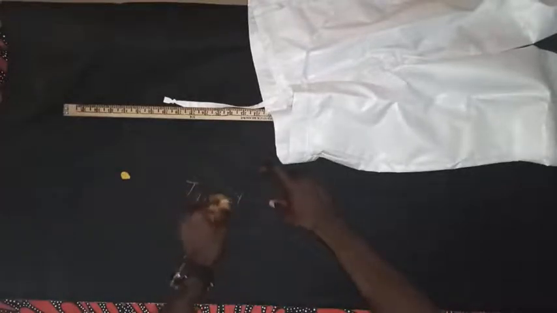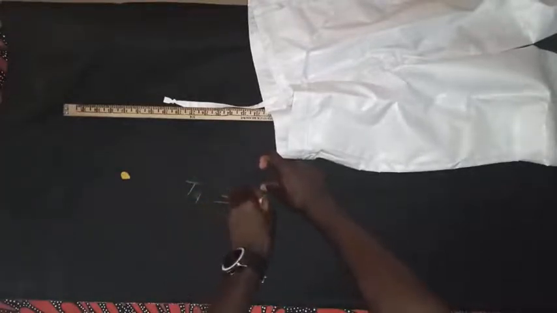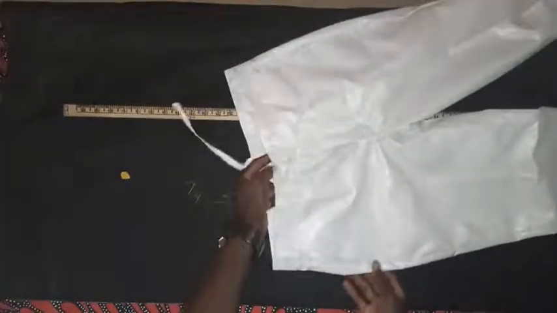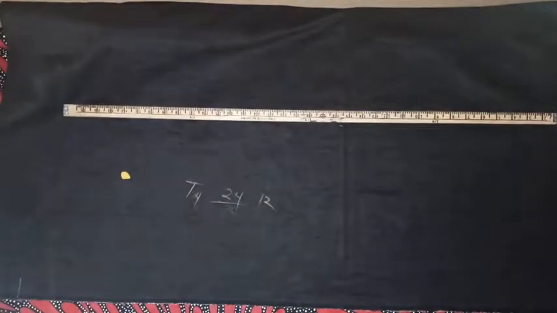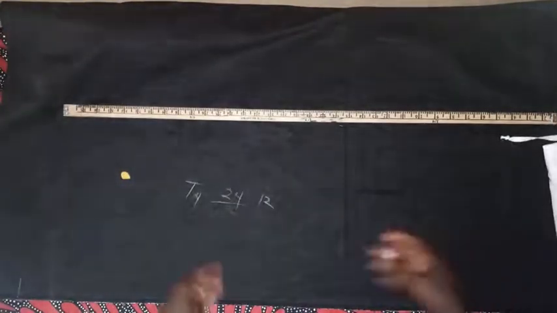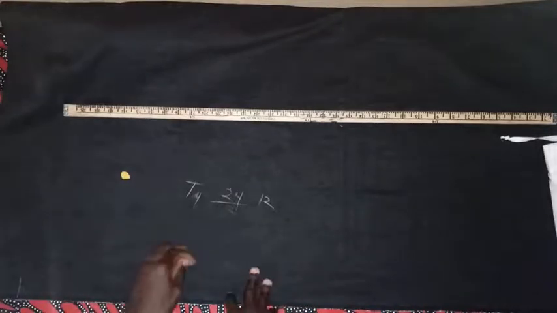You will simply divide 24 by 2. And if you divide 24 by 2, what will you have? 12. Which means the front piece of the trouser is carrying 12 inches, while the back piece will also carry 12 to make it 24.